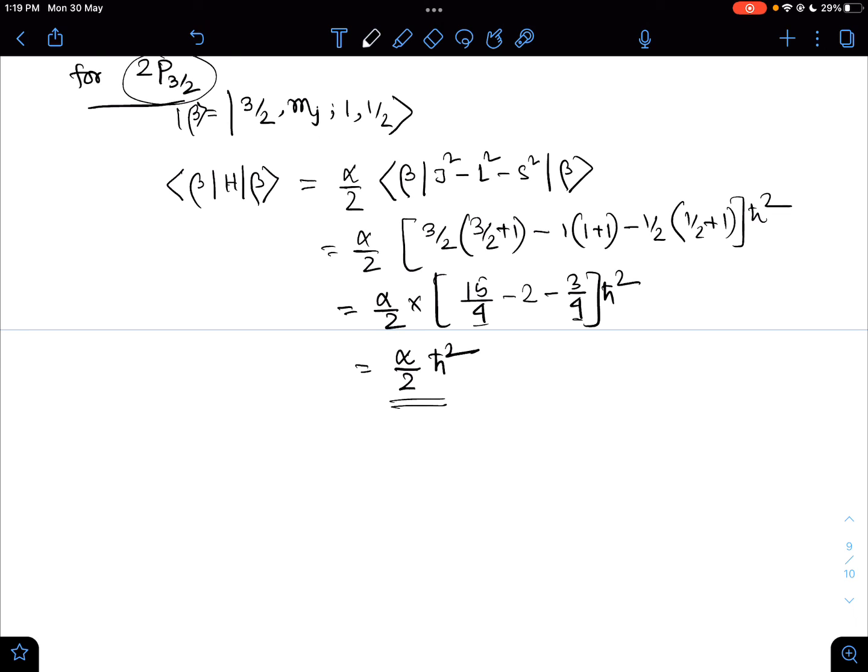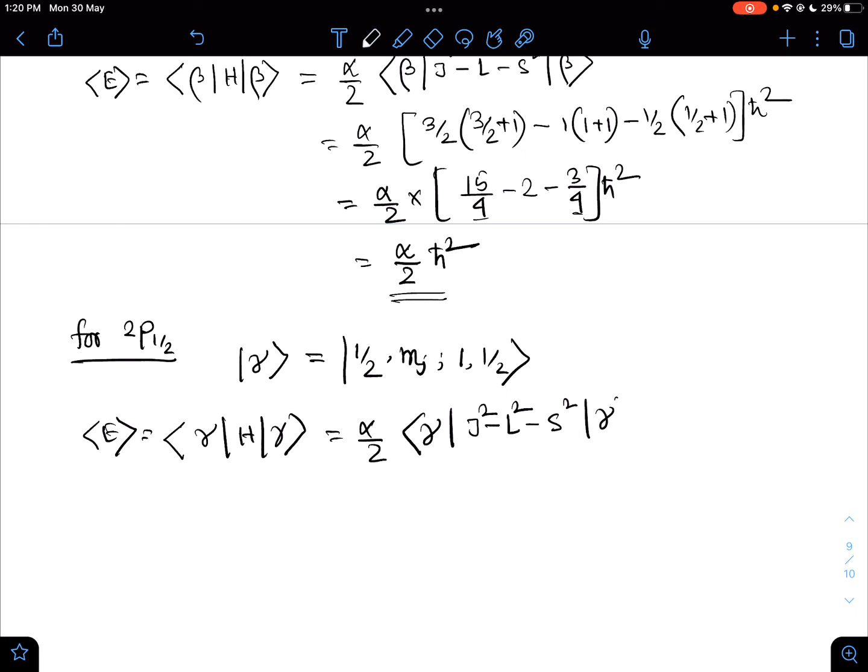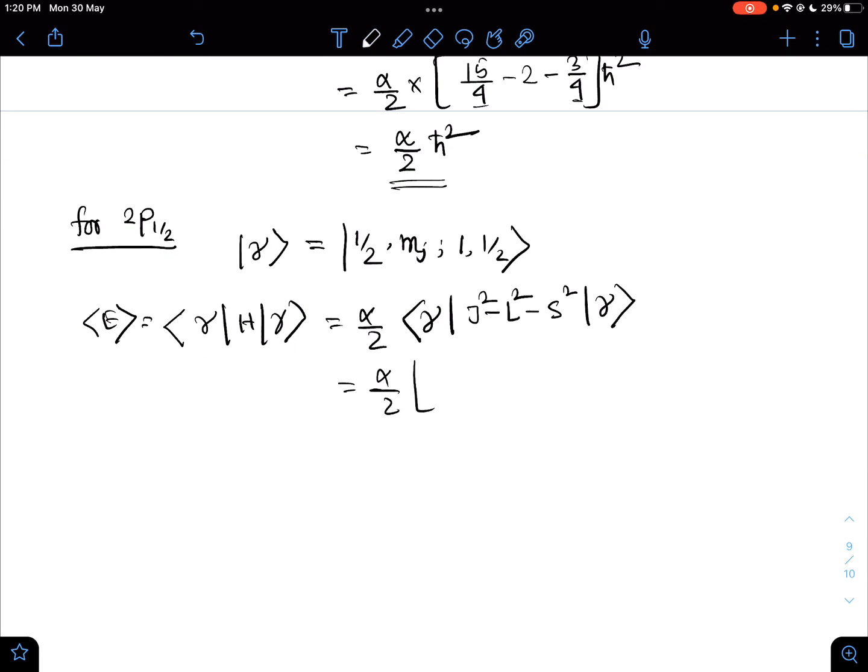Now let us calculate this for 2p 1/2. Let us denote the eigenstate by γ. J is 1/2, with MJ, and L and S are the same as before. So the expectation value of energy is ⟨γ|H|γ⟩, which is α/2 ⟨γ|J² minus L² minus S²|γ⟩. J is 1/2, so 1/2 into (1/2 plus 1) minus 1 into (1 plus 1) minus 1/2 into (1/2 plus 1), times ħ².